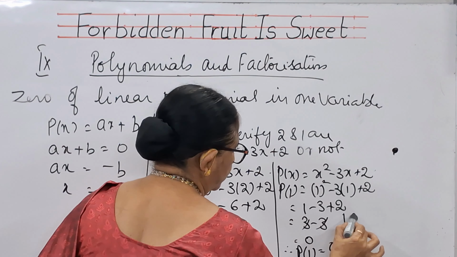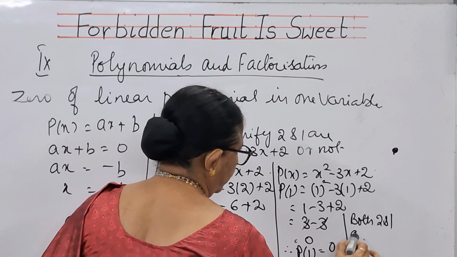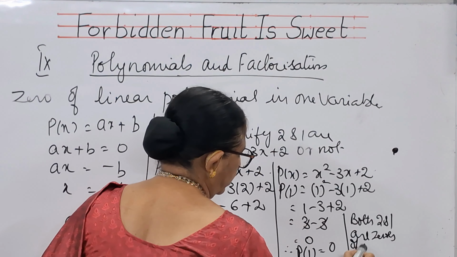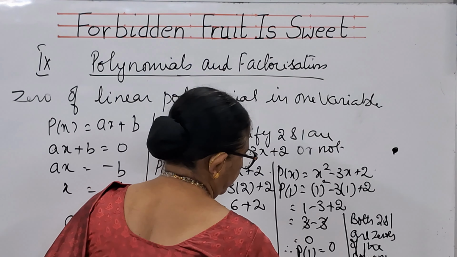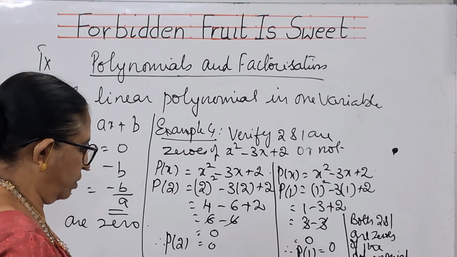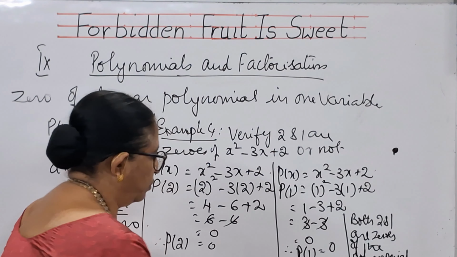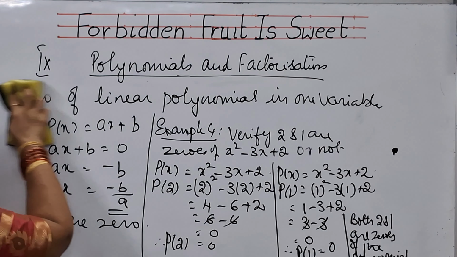Both 2 and 1 are zeros of the polynomial. This is your solution. So example 4, I have completed. Go through this. Next.